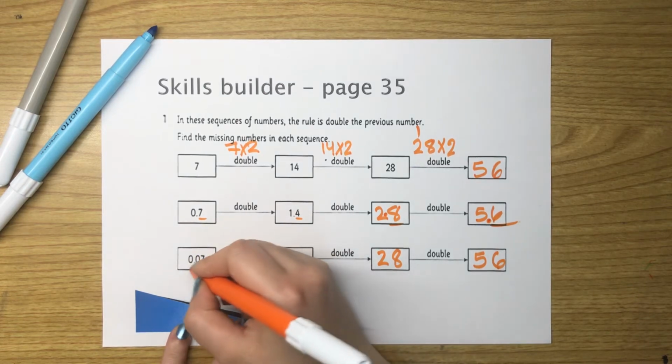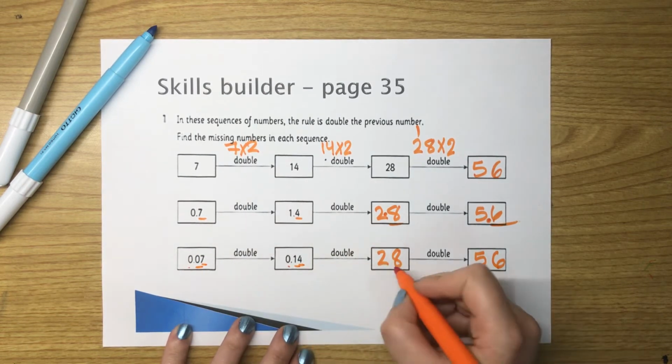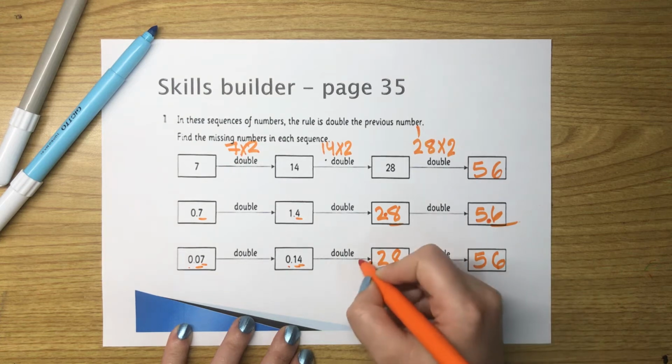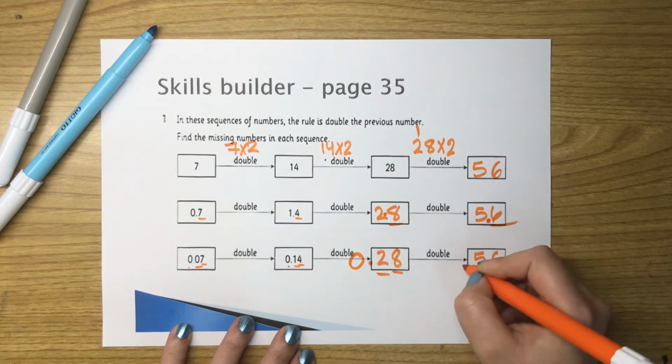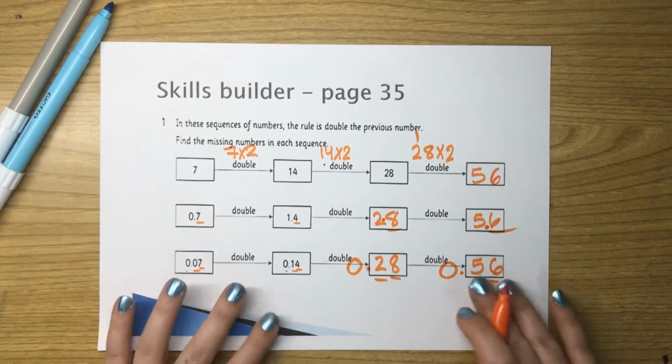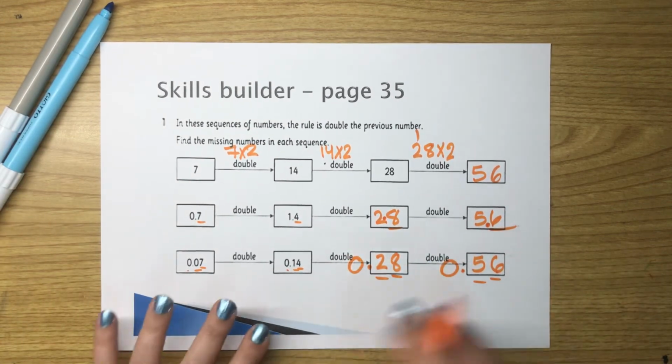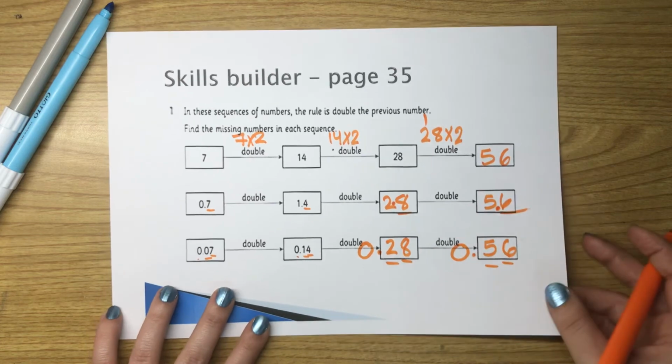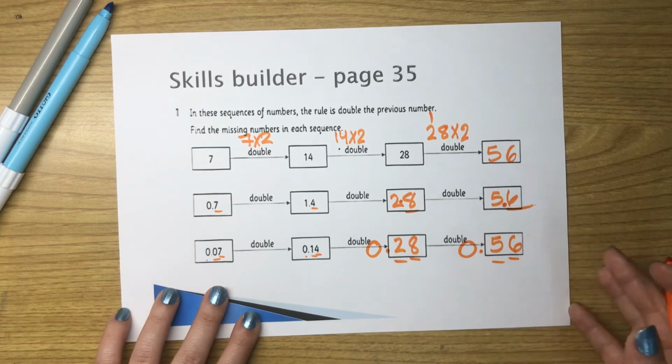Here, 2 places decimal point, 2 places decimal point, 2 places decimal point 0, 2 places decimal point 0. Great job, guys. When the number gets larger, you're going to go on to the ones and whatever. But as I told you, for grade 4, that's enough.